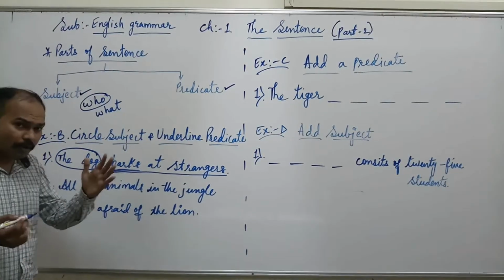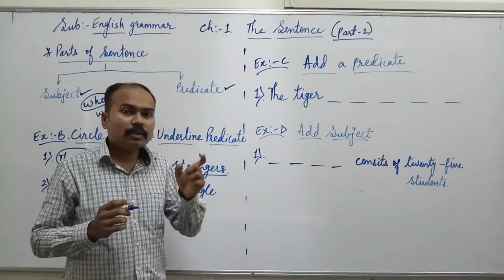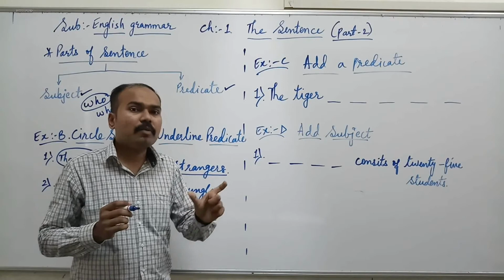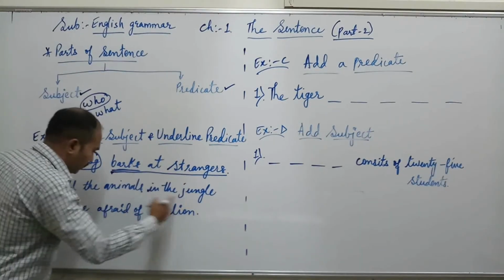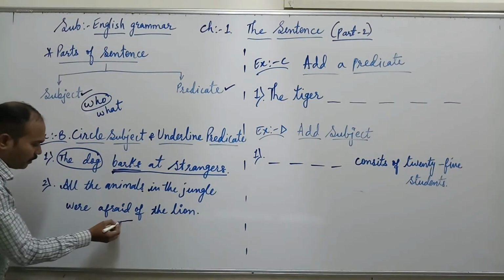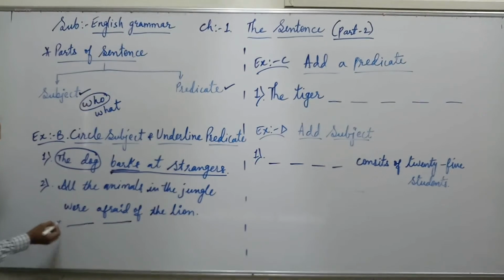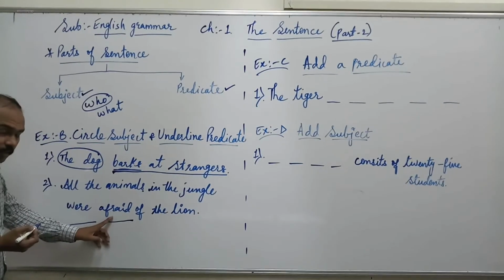Another point to identify the subject is to find the verb and the helping verb in the given sentence. If we read the sentence, you can see afraid is the main verb and were is the helping verb.